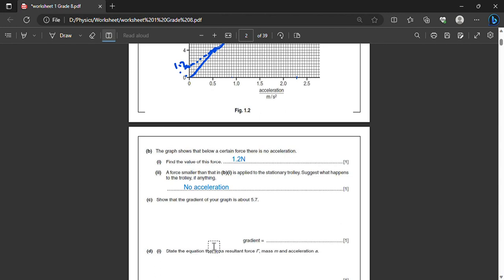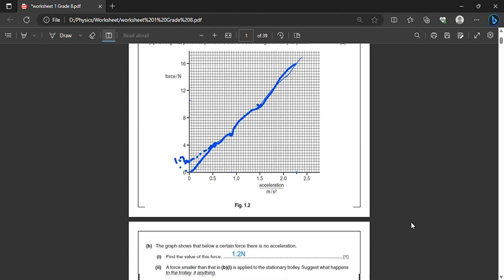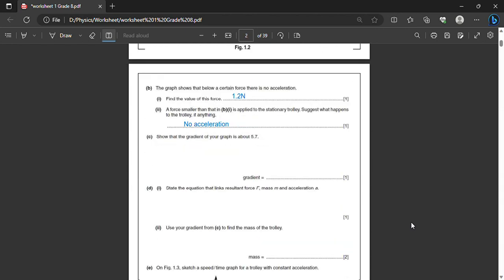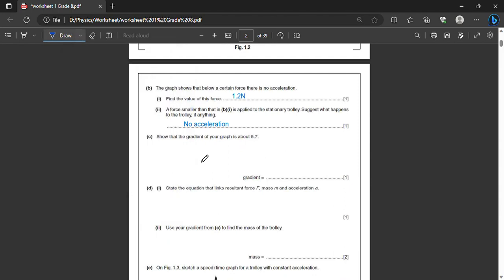The next is to show that the gradient of the graph is about 5.7. So gradient is calculated by taking the coordinates: y2 minus y1 divided by x2 minus x1. If you go back to the graph, let me reduce the thickness. You can check any coordinates which are easier for you to point.